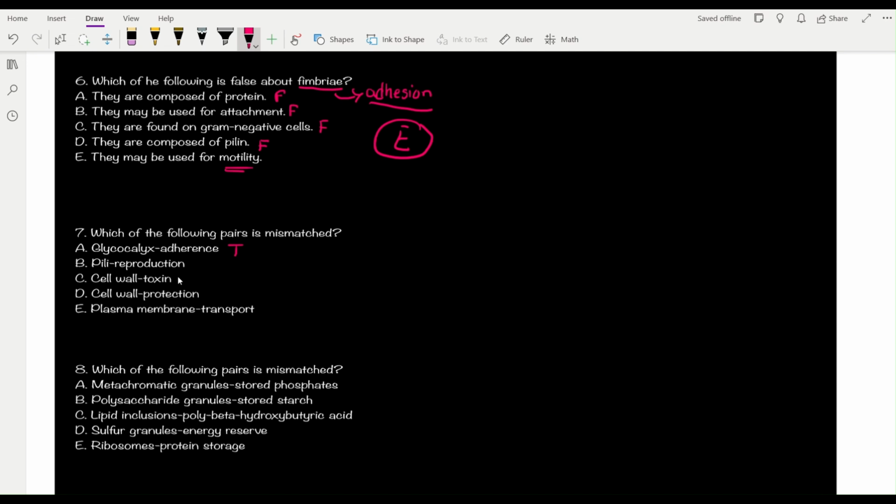So we have true for this one, true for this one, and true for that one. So what we're left with is B. The answer is B, because pili are used to transfer DNA information from one cell to the other, and it's used for motility, not for reproduction.